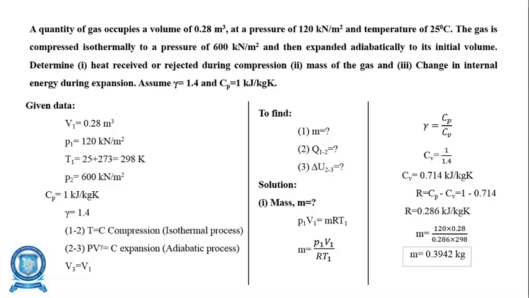Determine the first question: heat received or rejected during compression. The second question: the mass of the gas. And third question: the change in internal energy during expansion. Assume gamma is equal to 1.4 and Cp is equal to 1 kilojoule per kilogram Kelvin.